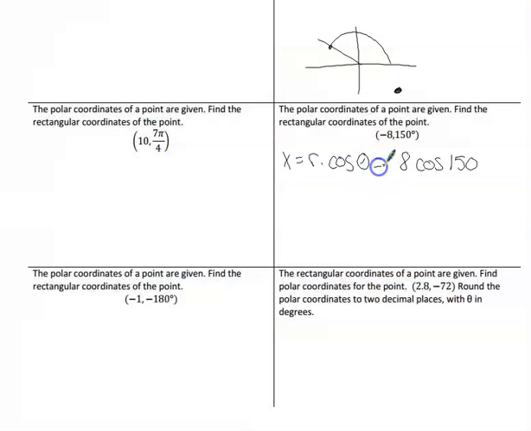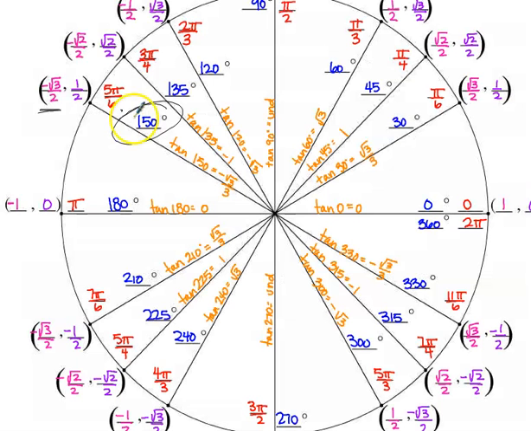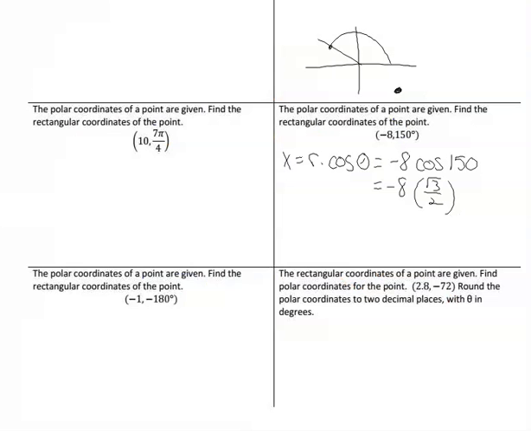So that is equal to -8 times -√3/2, which 2 makes that 4. Negative times a negative is positive 4√3.